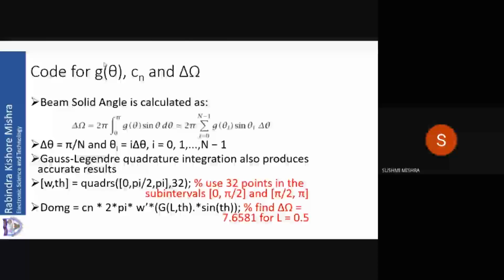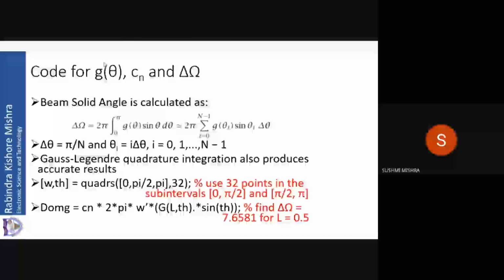Within that you are writing 0, pi by 2, pi, 32. This means use 32 points in the sub-intervals of 0 to pi by 2 and pi by 2 to pi. So using that you can integrate, and the integral can be calculated using this.